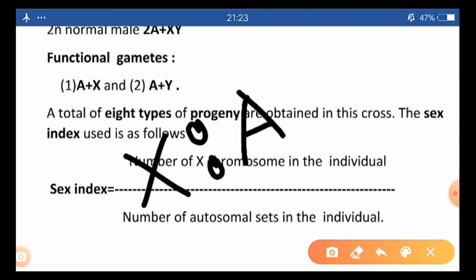Clear? So by the crossing we will get few genotypes, and after getting the genotypes we will study the sex index, and with the sex index we will designate the different sexes of these 8 individuals. Okay, let us see.